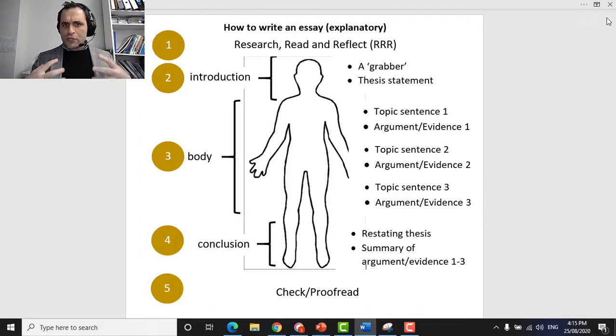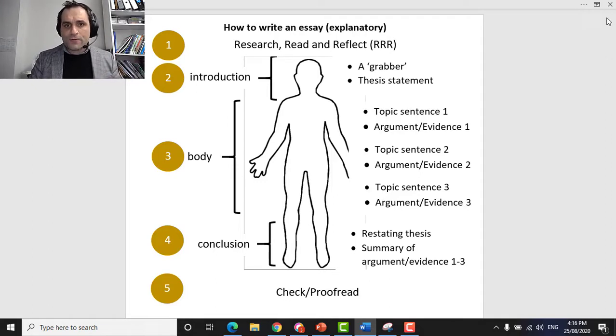They're not strong opinions about anything. They are purely facts. Simply facts. So your job when you write an explanatory essay is to find out the facts and then express those facts to somebody else.